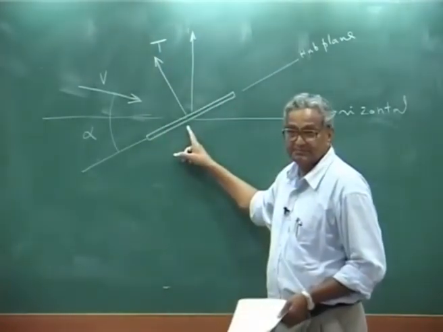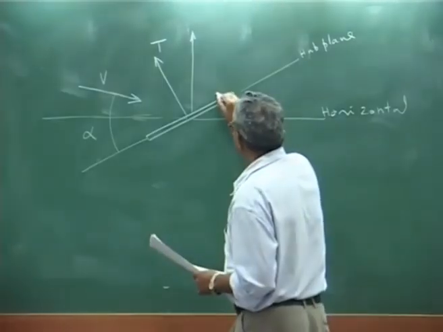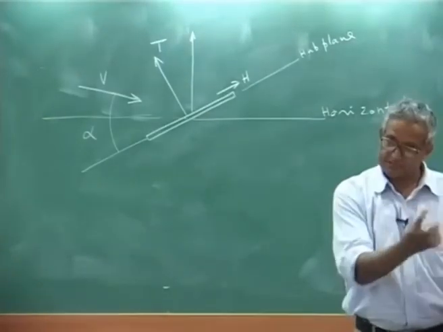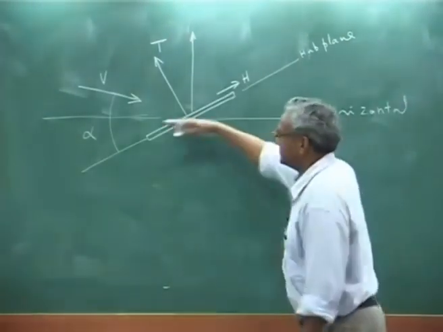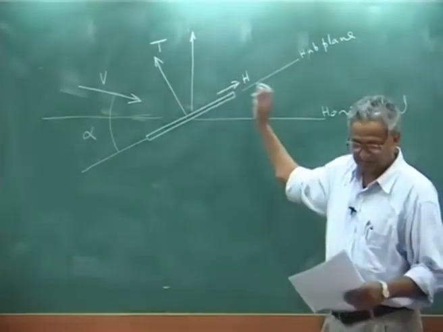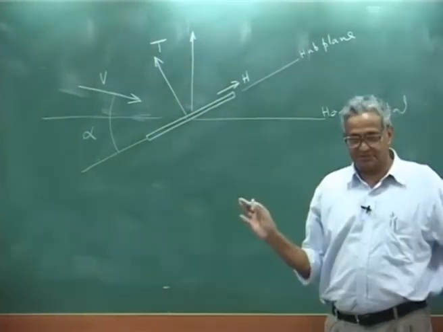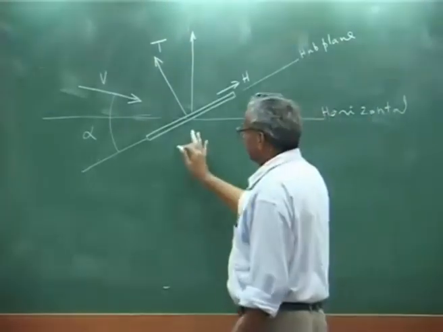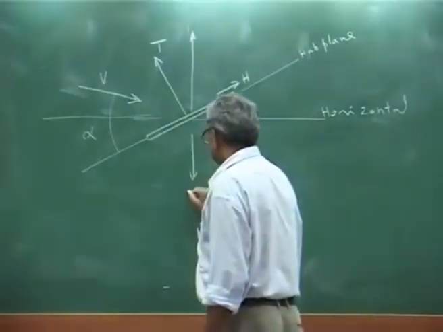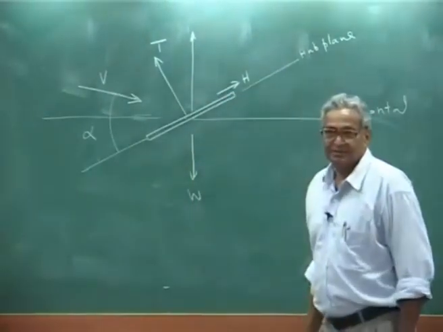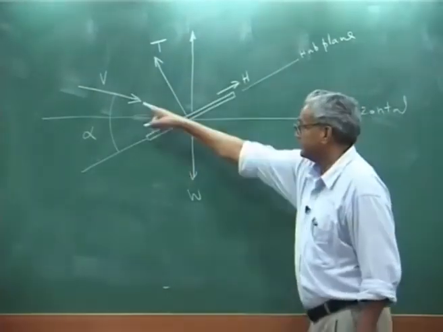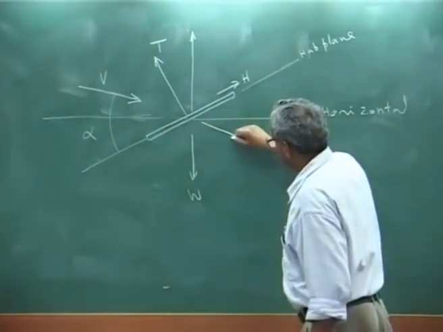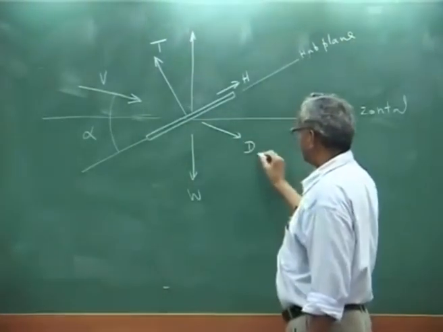Okay. Now, my thrust is given normal to the hub, and this is my H force. Because the helicopter is flying like this, this is the H, and there is the weight of the helicopter, and there is a drag force on the helicopter. Weight of the helicopter is down, okay, and the drag force is along V. So, I am putting this as drag on the helicopter.